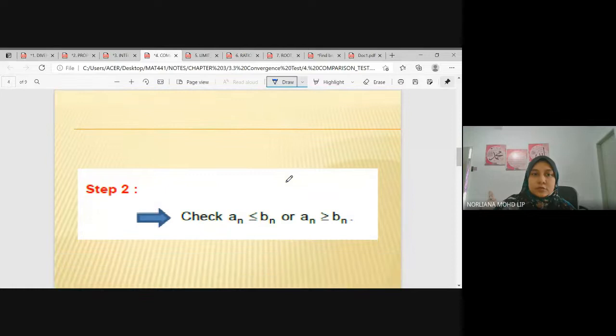Okay, step 2, check An less than or equal to Bn, or An greater than or equal to Bn. Less than is for converge. An greater than is diverge.